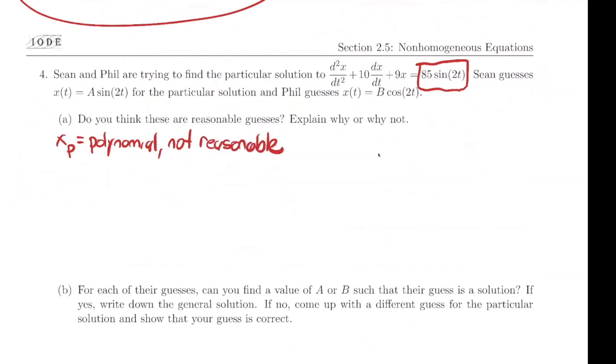The gist here is that when you take derivatives of polynomials, you get polynomials back. And so if my right side is not a polynomial, then I shouldn't be plugging a polynomial into the left side. So it makes sense that a trig function might work.